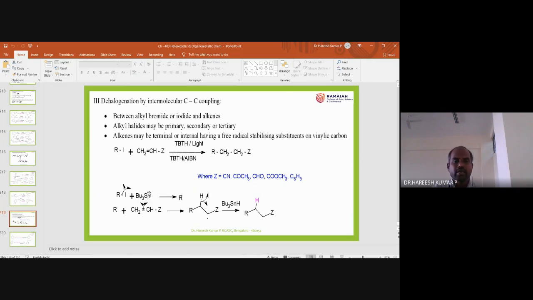This radical reacts with alkyl halide, leading to the formation of an alkyl radical. This alkyl radical reacts with the reactant. How is it reacting? The double bond or pi bond undergoes a homolytic cleavage, forming a radical here and one more radical. That radical forms a bond with R. So that is how this product is obtained.